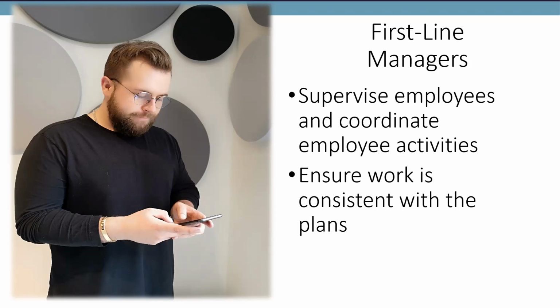So the ratio here is 10 to 1, first line managers to regular workers, and for every one mid-level manager, you have maybe between 3 to about 6 different first line managers that will report to them.